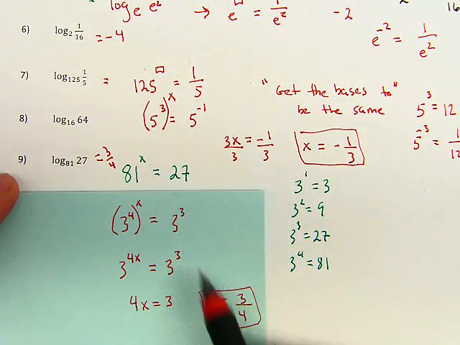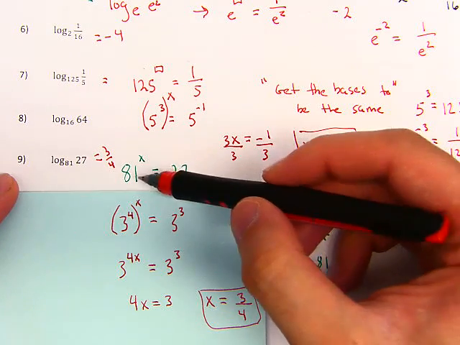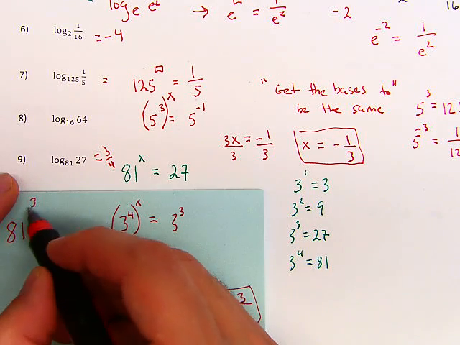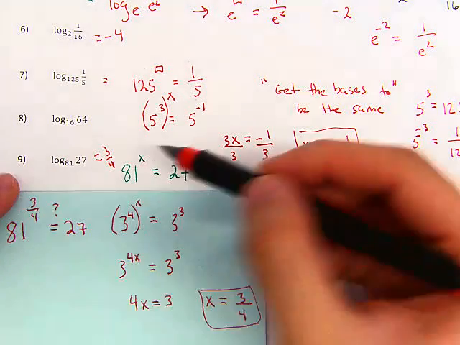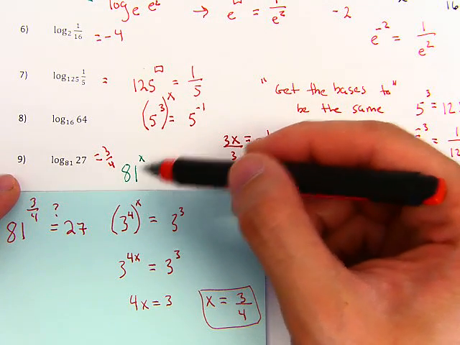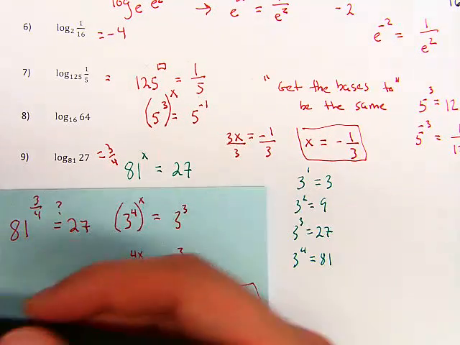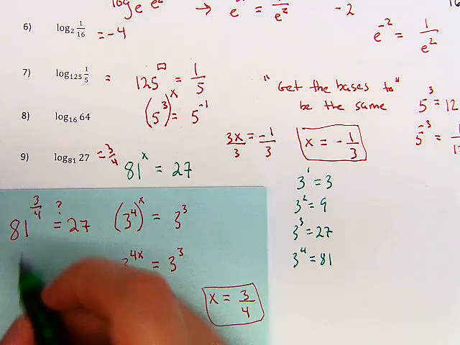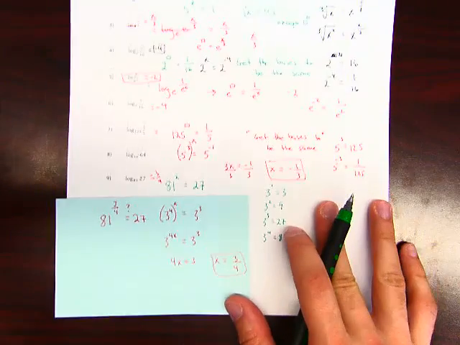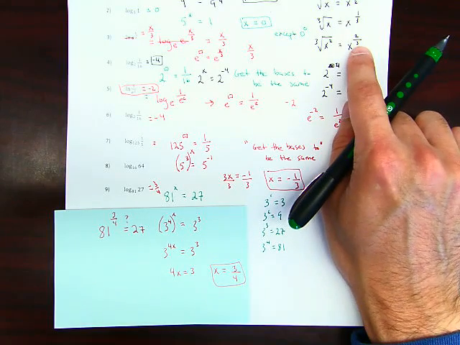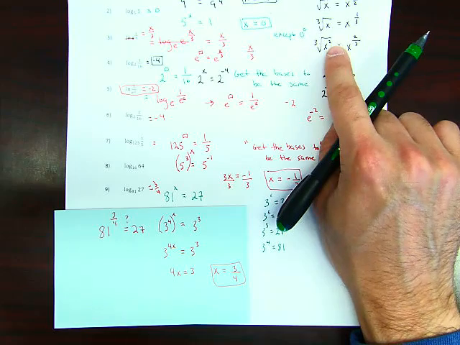And if you want, why is 81 to the 3 over 4 equal to 27, question mark, right? That's what we just solved for. You're saying 81 to what power is 27? It's to the 3/4, but why? So let's just check it very quickly. Remember what we talked about back to this part over here, that if I have x to the 2 over 3, it becomes the cubic root of x squared.